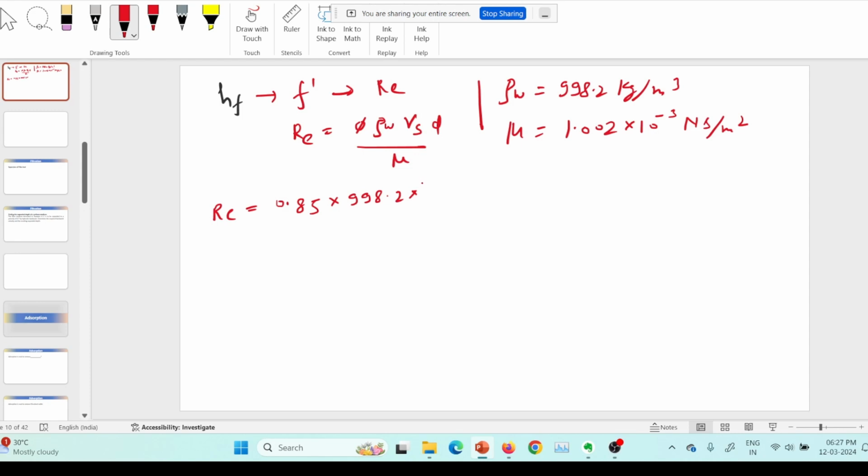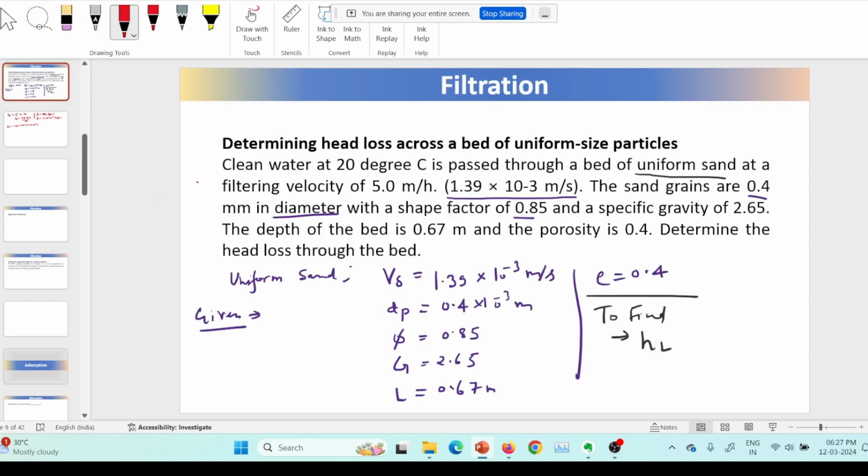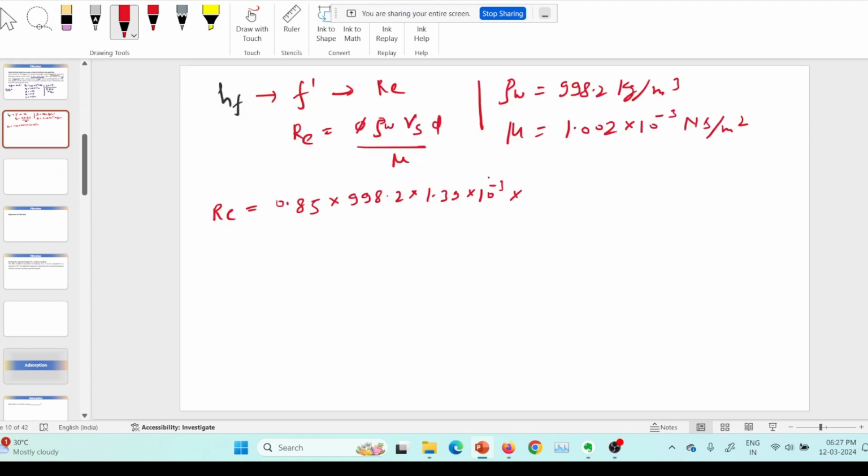So rho Vs is 1.39 into 10 to the power minus 3, into what was the diameter? Diameter was 0.4 into 10 to the power minus 3.